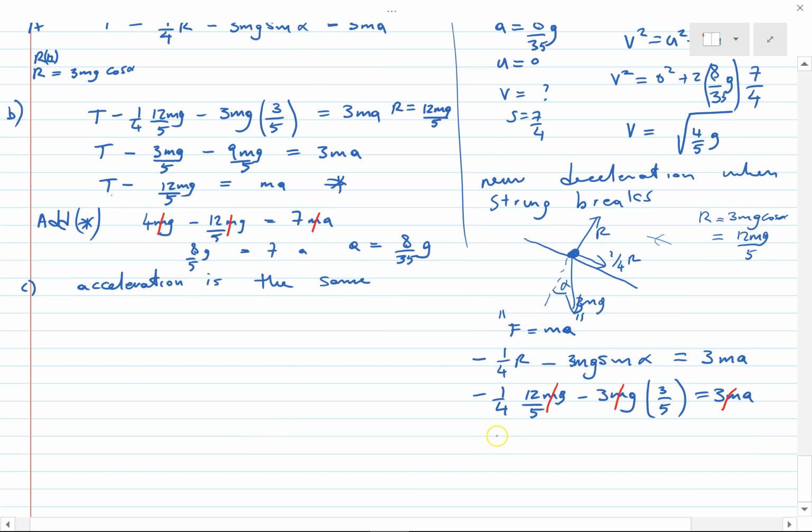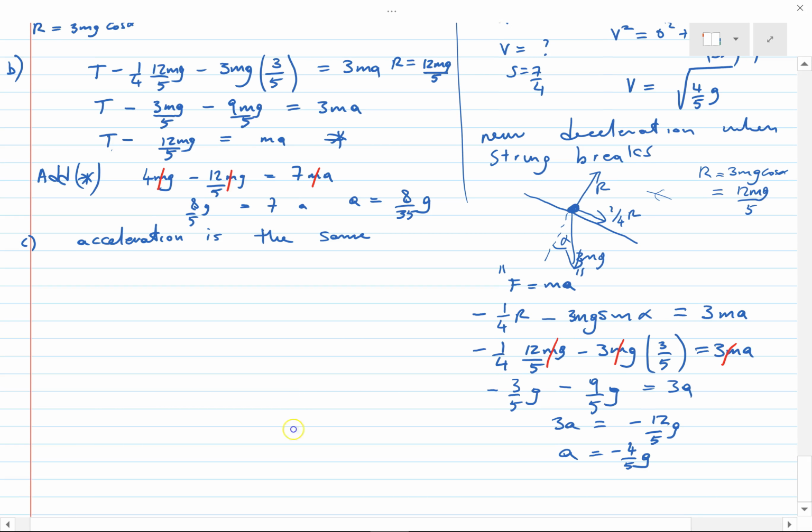So let's just work this out. That's 1/4, so that's minus 3/5g minus 9/5g is equal to 3a. So that gives us 3a is equal to minus 12/5g. So a is minus 4 over 5g.